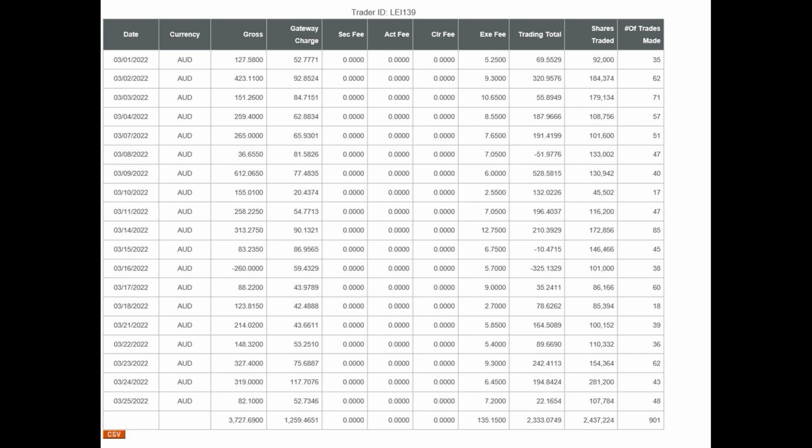You can see there are several days I lost money, like 8th of March, I lost 51 Australian dollars, 16th of March, I lost 320 Australian dollars, and 5th of March, I lost 10 Australian dollars.